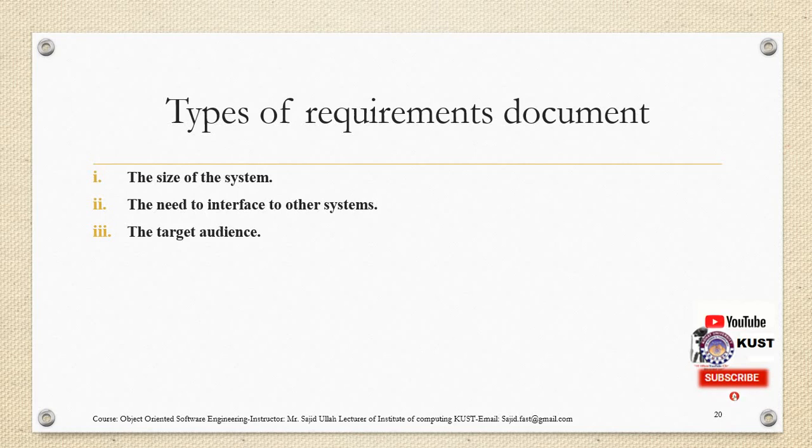Third is the target audience. The requirements should be written in a high-level language so that the potential user can read it. If the system is intended for the general population, it should omit the jargon that would be understood by only a few people. On the other hand, the system might be intended for users with a specific scientific or engineering background, in which case technical details from their domains can appear.